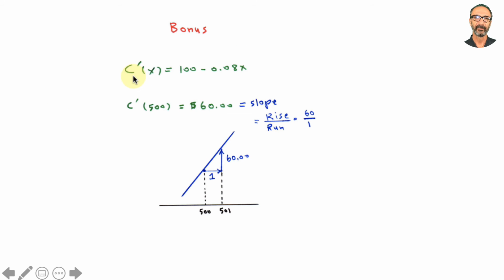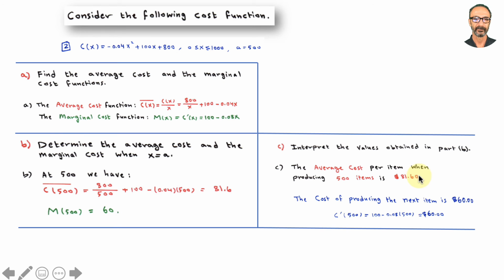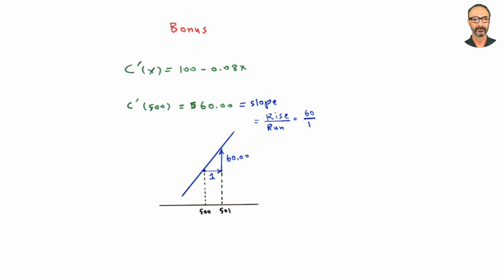Let me call it a bonus now. C prime is 100 minus 0.08x. C prime at 500, just plug in 500 here, take 8% of that, and do the math, you get $60. What does it mean?